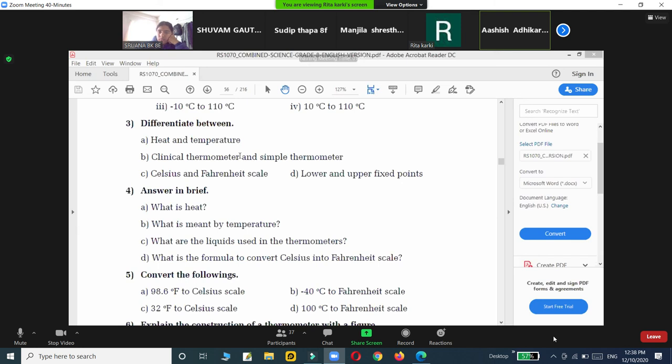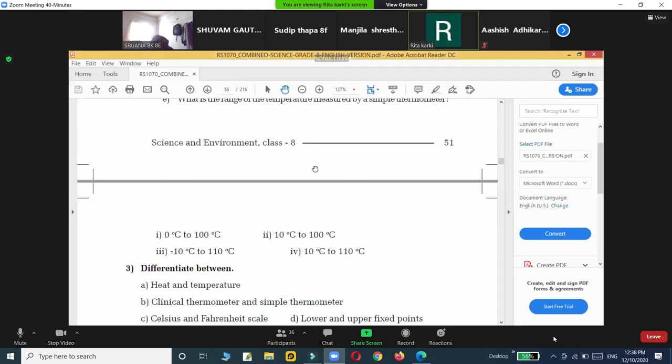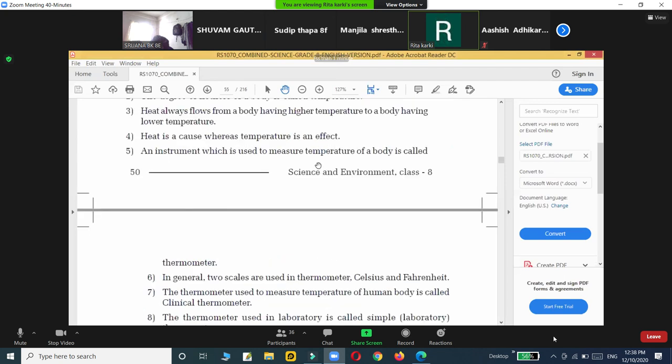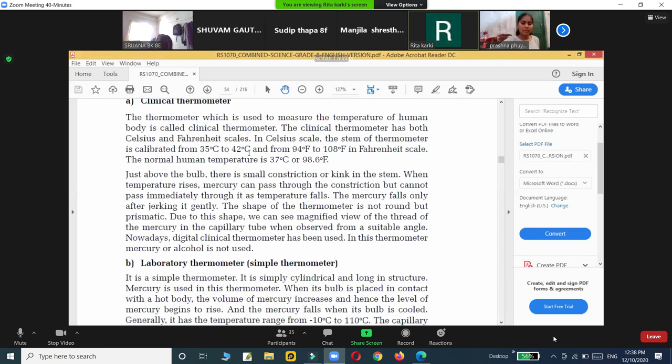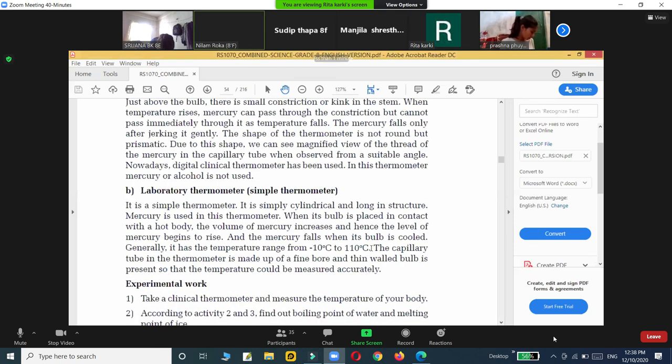The upper fixed point is 100 degree centigrade. It is given in your book itself. See, the clinical thermometer is calibrated from 35 degree to 42 degree centigrade, whereas the laboratory thermometer is calibrated from 10 degree centigrade to 110 degree centigrade.